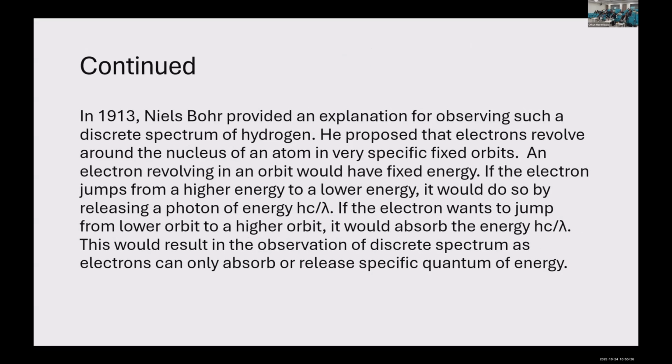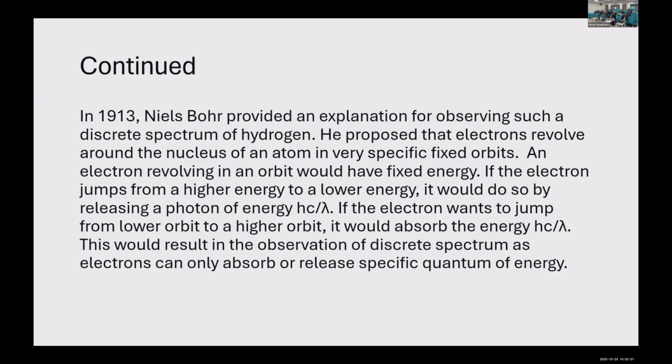In 1913, Niels Bohr provided an explanation for observing such a discrete spectrum of hydrogen. He proposed that electrons revolve around the nucleus of an atom in very specific fixed orbits. An electron revolving in an orbit would have fixed energy. If the electron jumps from a higher energy to a lower energy, it would do so by releasing a photon of energy hc/λ.